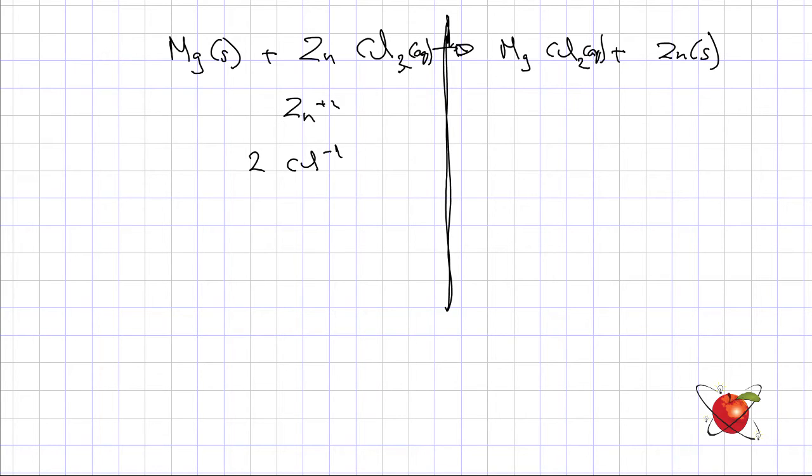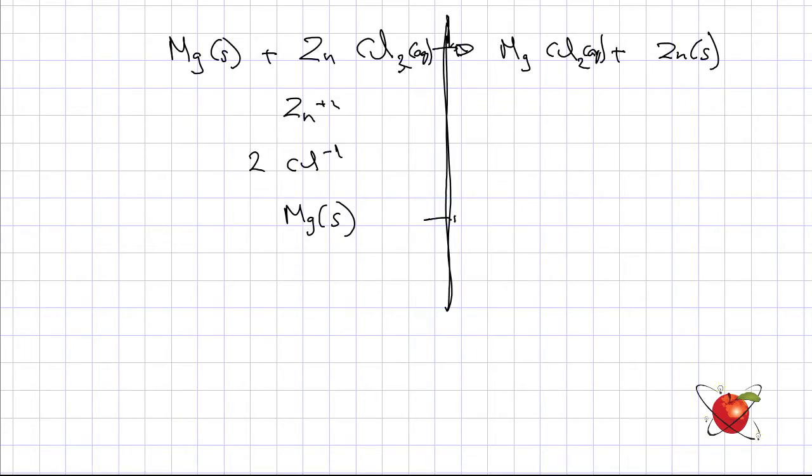The magnesium was a solid. Now we have to say to ourselves, well, what happened? In essence, the magnesium dissolved, didn't it? Because the magnesium now became an ion. This is an introductory way of looking at it. The magnesium became Mg2+.